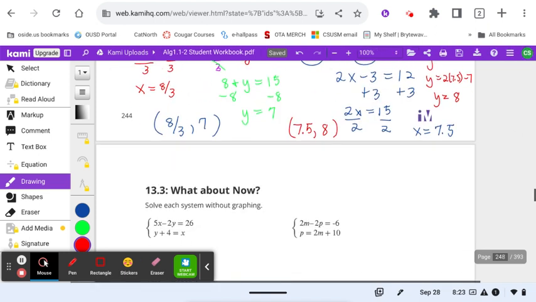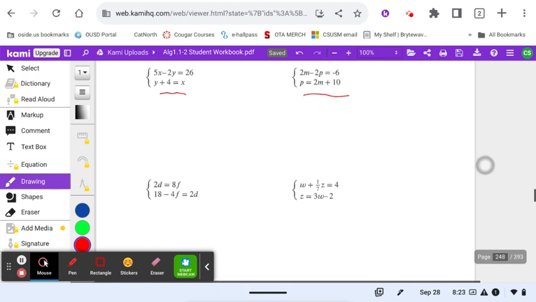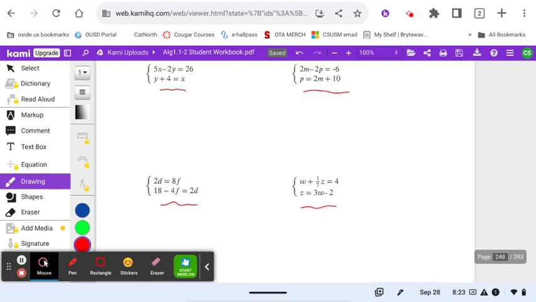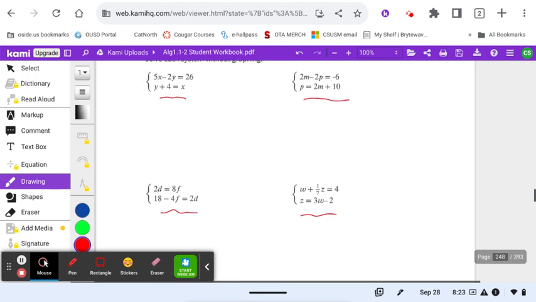Okay, so if you continue, notice that they're going to give you more to practice here. Sometimes you're going to have to isolate the variable before you can plug in. Notice it's changing from x's and y's to m's and p's and w's and z's. And so I'd like you to try these 4 on your own, isolating the variable, and then here come the solutions to these so you can check your work at the end. And then please let me know if there's any you didn't understand with your group so that we can go over that particular one.